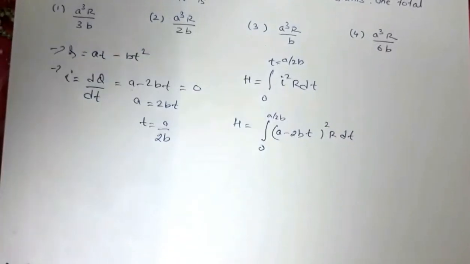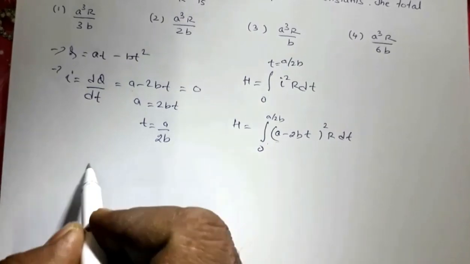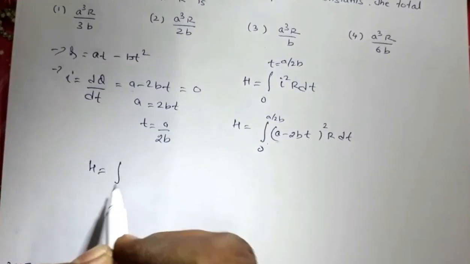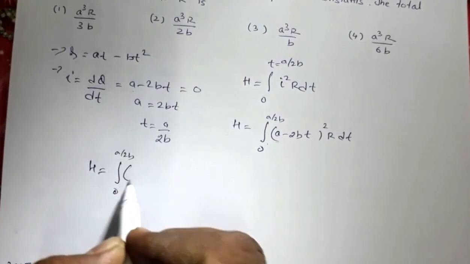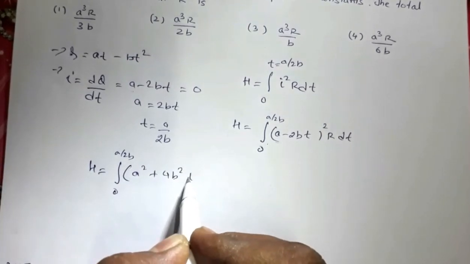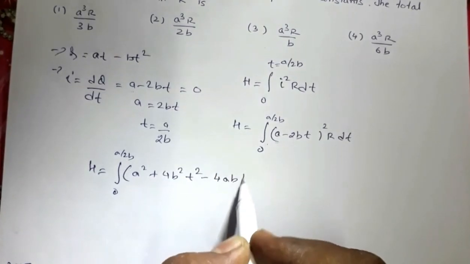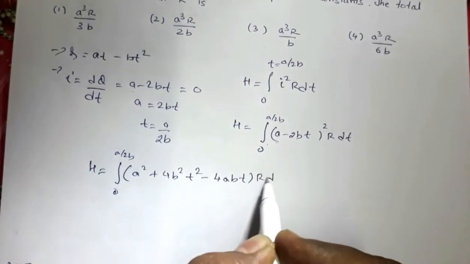Now on integration, first let us square this term. So H is the integral from 0 to a/2b of (a² + 4b²t² - 4abt) R dt.